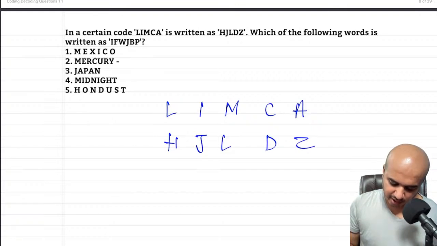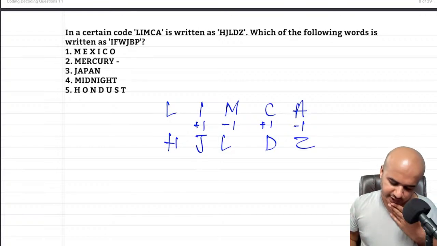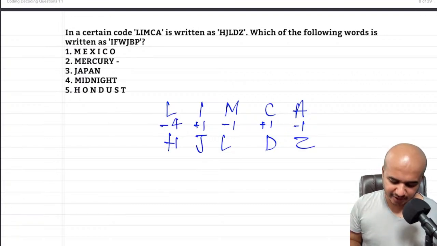LM minus 1, HIJ plus 1, ABCD plus 1, Z minus 1. Okay, yeah. So obviously in the next 4 letters apart from the first one, we have a plus 1 minus 1 rule going on. But with respect to L, what do we have? HIJKL. So we have minus 4 actually. So this is the thing. So let's see if we can apply the same for IF, whatever it is.